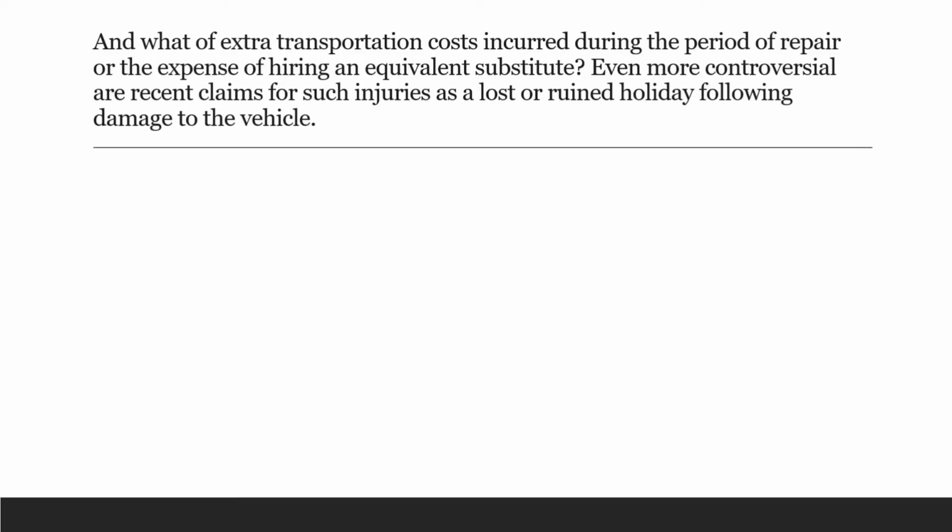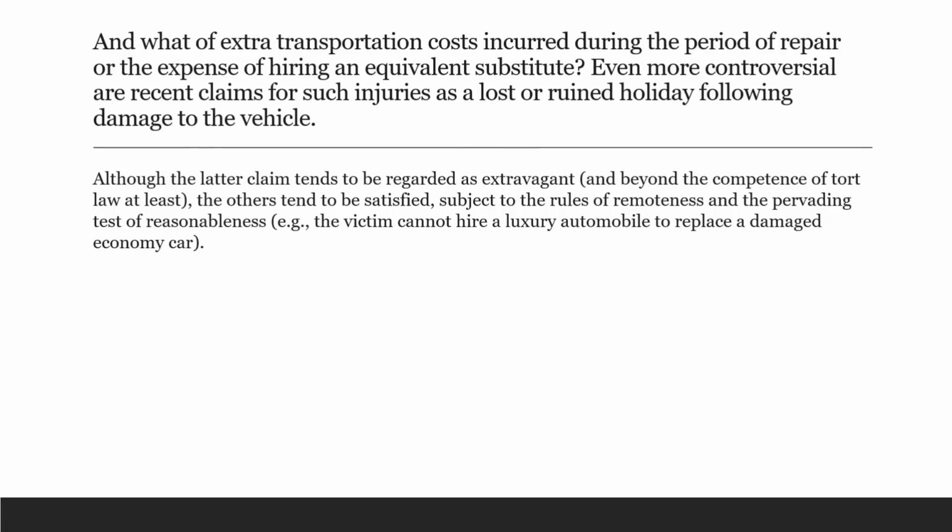Even more controversial are recent claims for such injuries as the loss of a ruined holiday following damage to the vehicle. Although the latter claim tends to be regarded as extravagant and beyond the competence of tort law, at least the others tend to be satisfied, subject to the rules of remoteness and the pervading test of reasonableness. The victim cannot hire a luxury automobile to replace a damaged economy car.